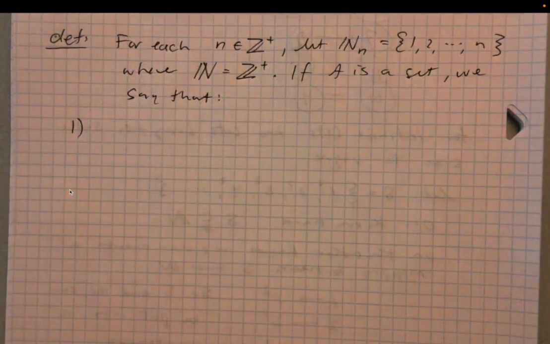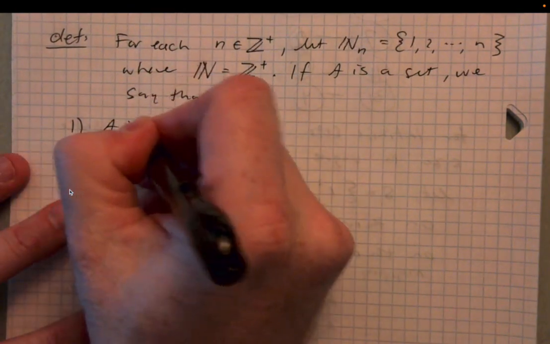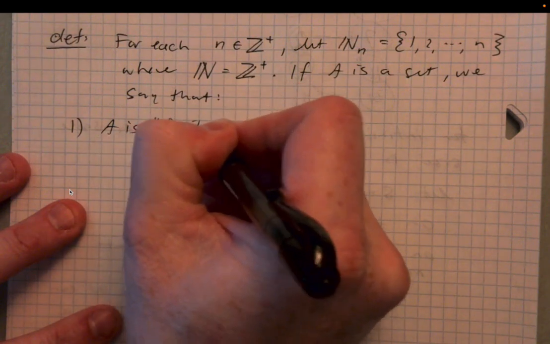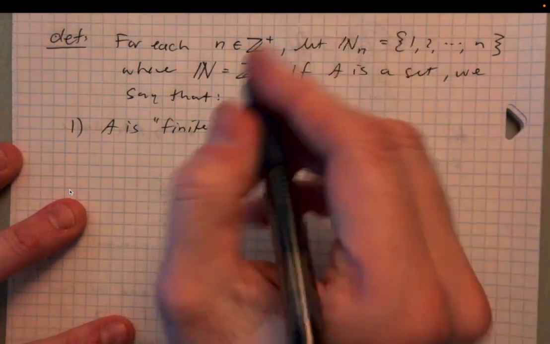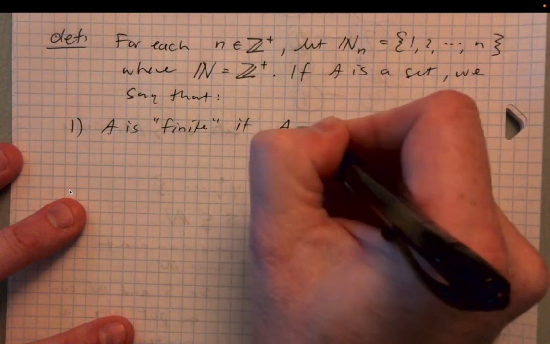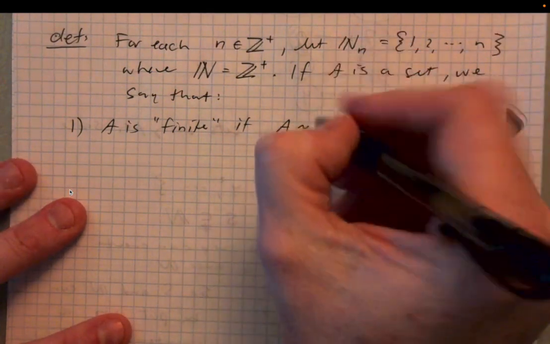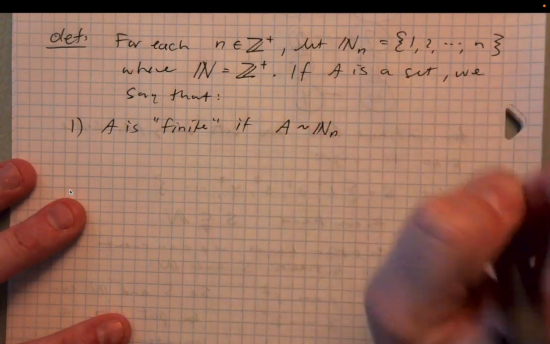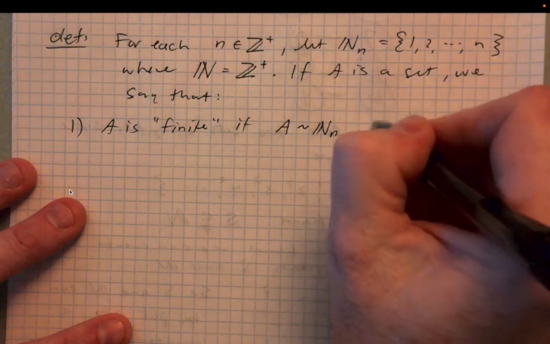First of all, A is a finite set if A can be put into a correspondence with N sub n for some n.